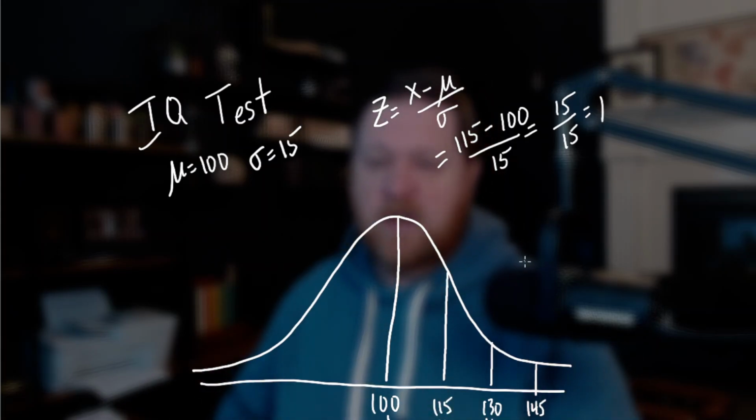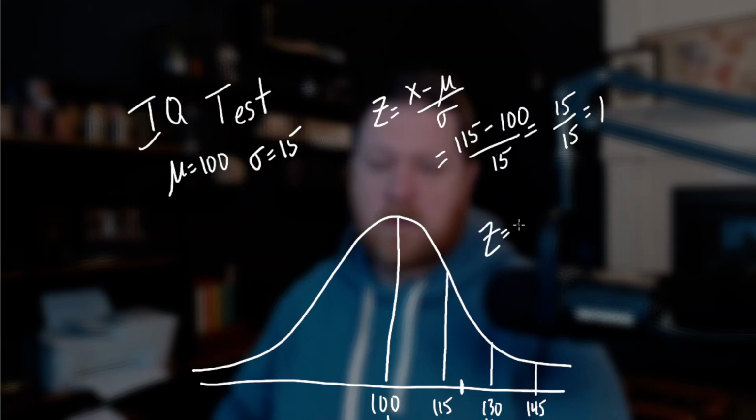Let's say we had another point. Let's make it something a little easy. Let's say at 120, right? So we've got a point here of 120. And we want to figure out what its z-score is. Well, how do we figure out its z-score? So we're going to use this exact same formula.